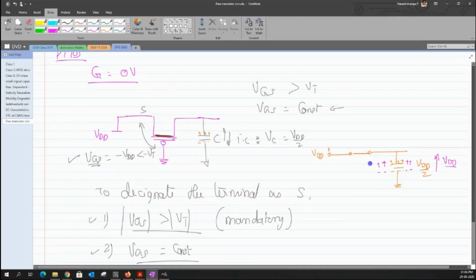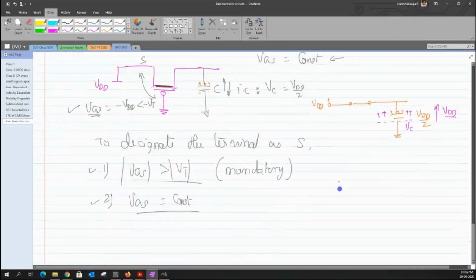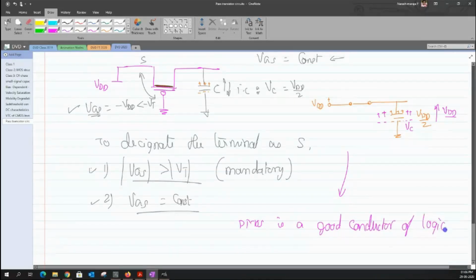Whatever the value of VC is, there still exists a channel for all the circuit conditions. Since there exists a channel throughout the entire region of charging, we could charge the capacitor all the way to VDD. So I could state that a PMOS is a good conductor of logic value 1.